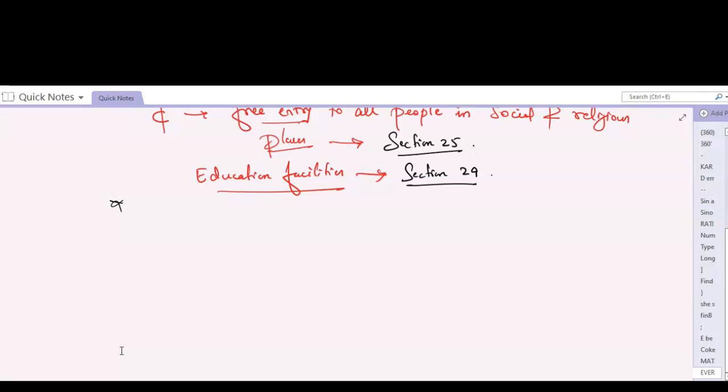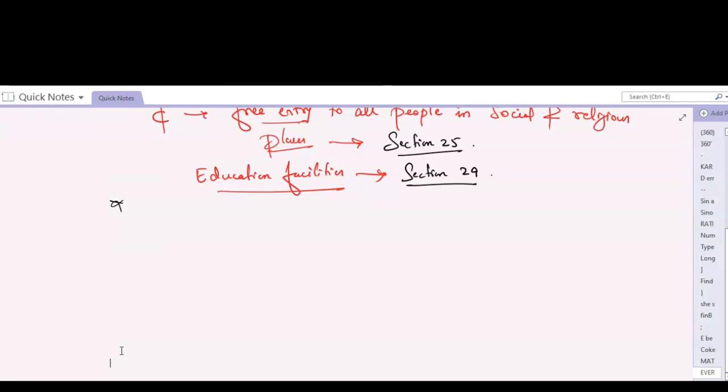Full stop. Give reasons. This question carries 3 marks. Already we have discussed related to this, correct?